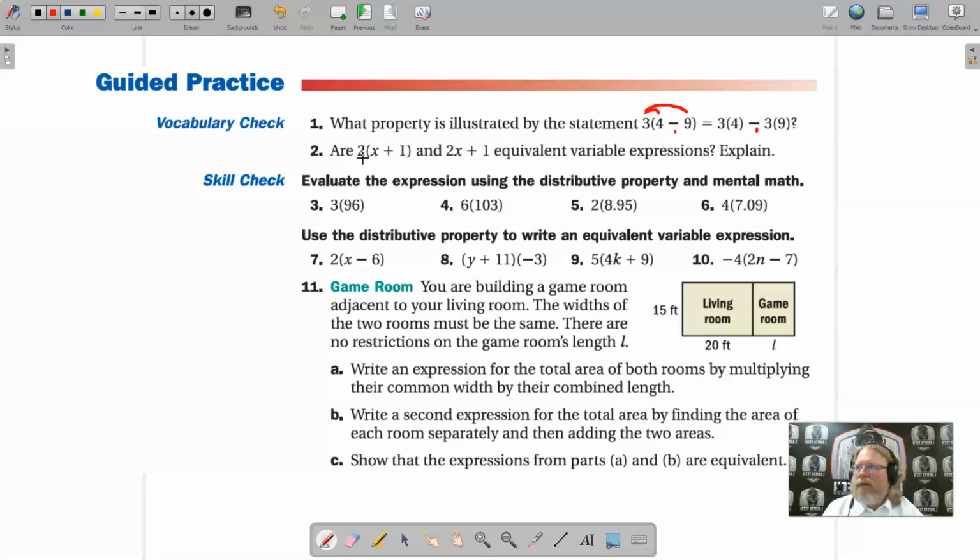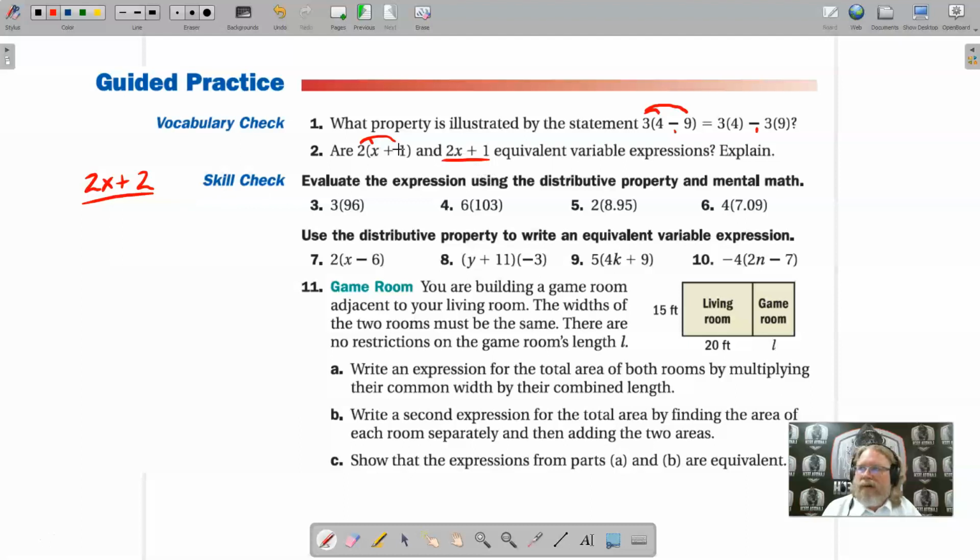Are 2 times the quantity of x plus 1 and 2x plus 1 equivalent variable expressions? Well, let's see. If we did 2 times the x, we would end up with 2x, and 2 times 1 is 2, and we have a plus sign, so it should be 2x plus 2. Well, they say 2x plus 1.